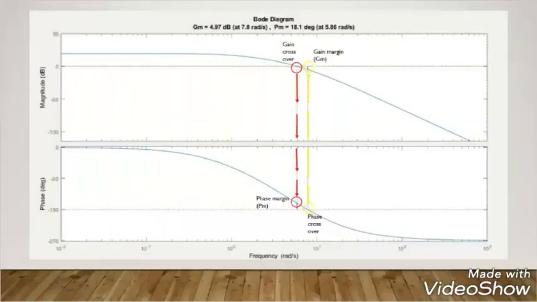Solution for our Bode diagram. So we have the magnitude and phase diagram for the Bode plot. To determine the phase margin, first we have to see the magnitude graph and observe where the graph crosses the 0 dB, and make a straight line to the phase diagram and see the line of the phase diagram that approaches negative 180.